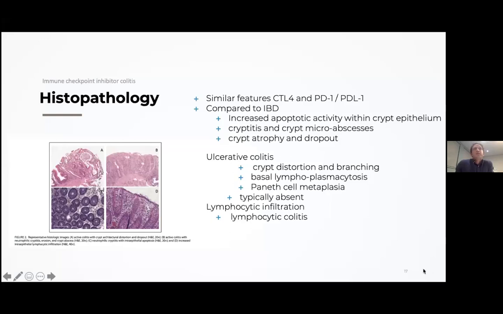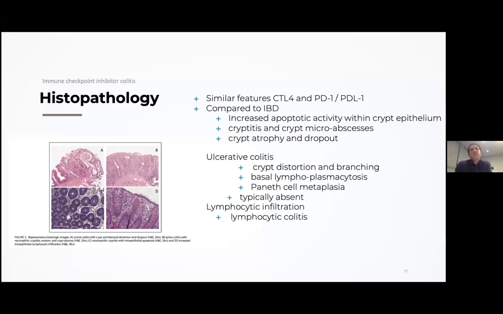The histopathology is interesting, similar between the different kinds of checkpoint inhibitors, but different from ulcerative colitis. As gastroenterologists, I think we look for corollaries because it looks like a similar kind of disease. But in fact, the inflammation is more acute.